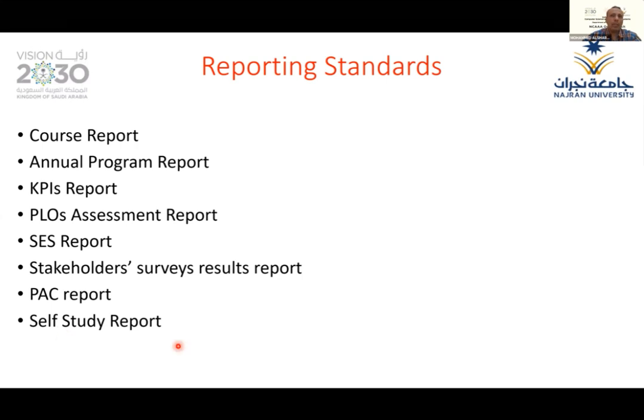Actually, for the CS program, we submitted 3 times a self-study report, and we submitted 3 times for EBIT. Because in 2013, the university asked us to prepare a self-study report for the CS program. At that time it was chosen as a computer science program.